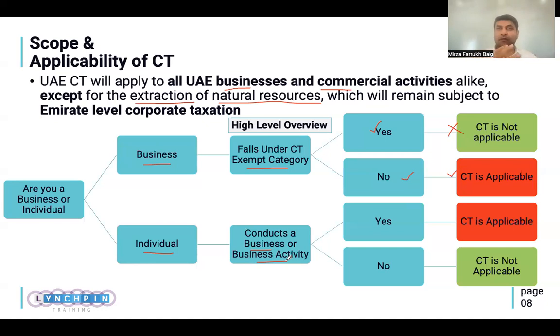A classic example could be social media influencers who are taking money from companies for showcasing products and services. So it's kind of a business activity. And for this, of course, you can have a license also. But if you are just conducting the activity without getting a license, still you would be subject to CT. So in that case, CT would be applicable.